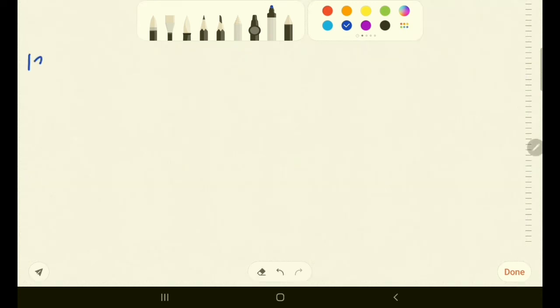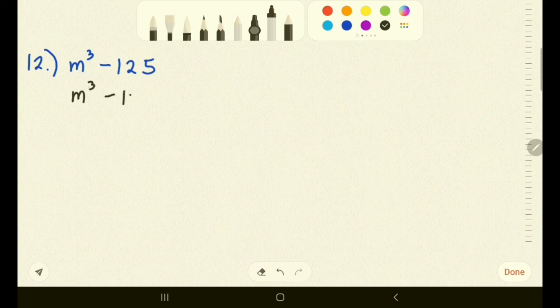Let's proceed to number 12. You're asked here to factor m cubed minus 125. Okay, this is very obvious. This is difference of two cubes. So express each term into the power of 3. So m cubed minus 5 cubed.